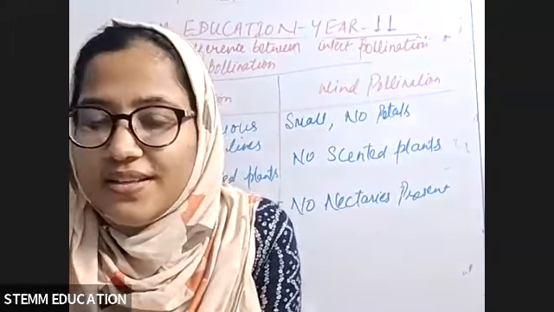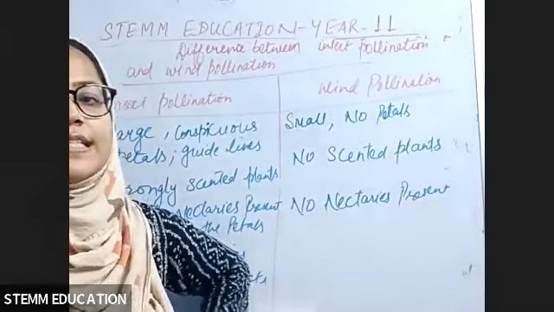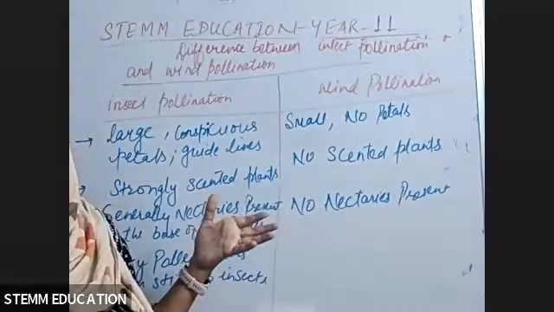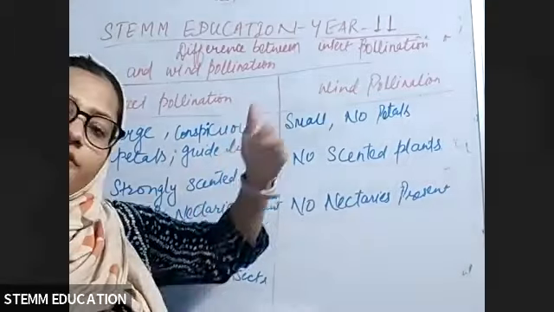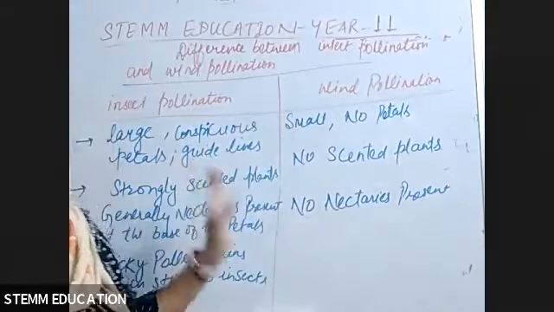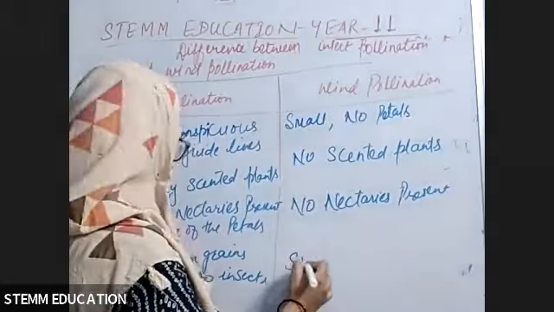But in flowers where wind pollination happens, the pollen grains are not sticky, and their stigma is large and feathery. It is large in size and feathery, so it can float through the wind.